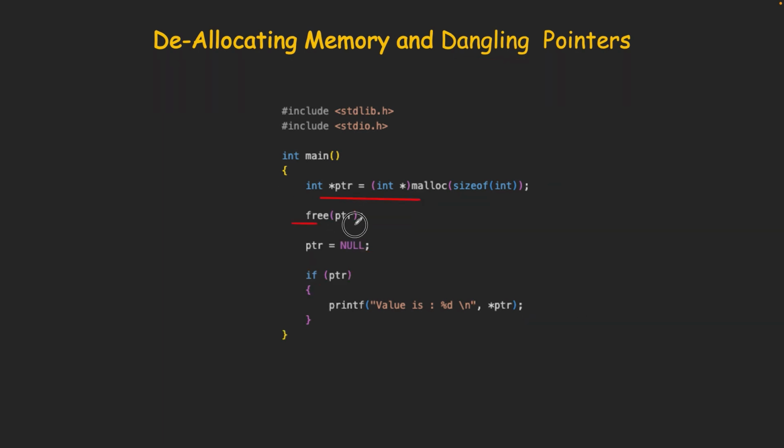To handle this scenario, it is essential to assign the pointer to null after freeing the memory. Once the pointer is assigned to null, it is no longer a dangling pointer. This is how we can identify and handle dangling pointers when deallocating memory on the heap.